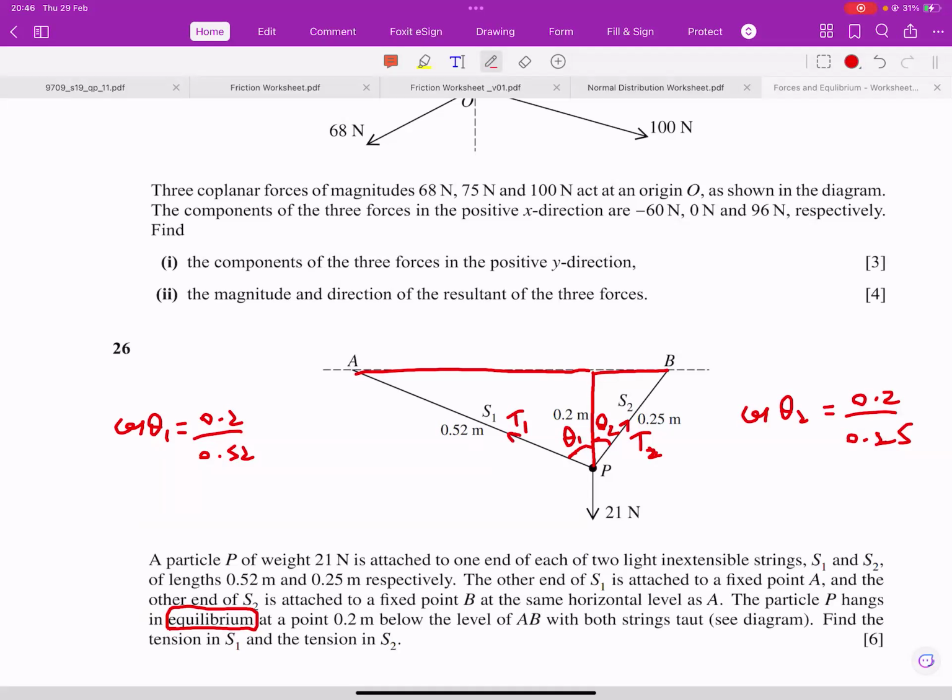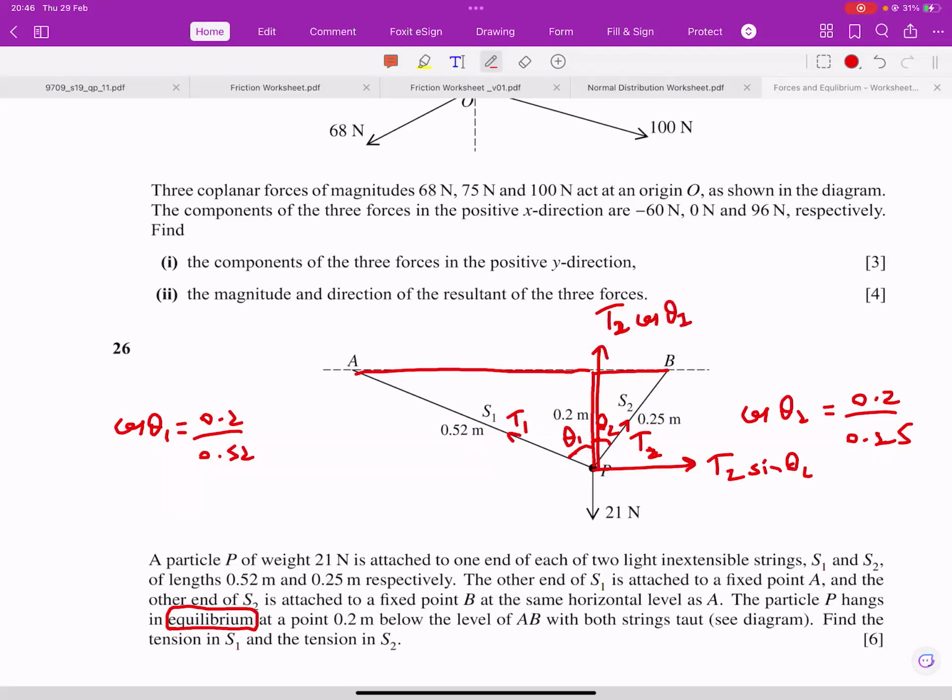And then you can use either of those two methods, Lami's theorem or resolving forces. If you have to resolve forces, this would be T2 sine theta 2. And the upwards force will be T2 cos theta 2.